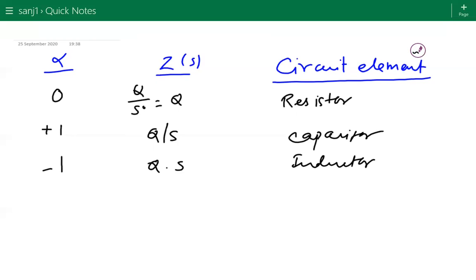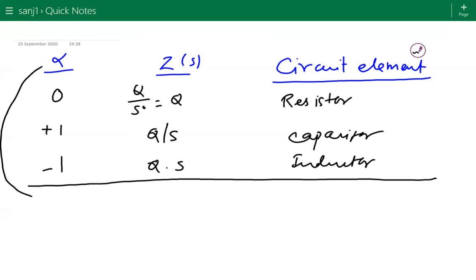Now, what will happen when the value of alpha is a fraction? Now, 0 is an integer, plus 1 is an integer, minus 1 is an integer. So these resistors, capacitors and inductors are mainly the integral order circuit elements.